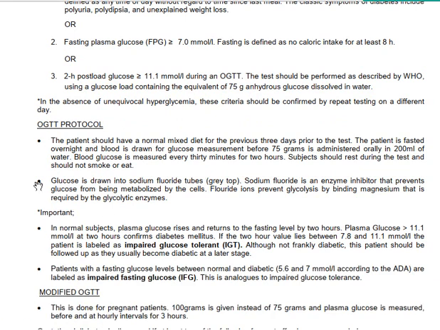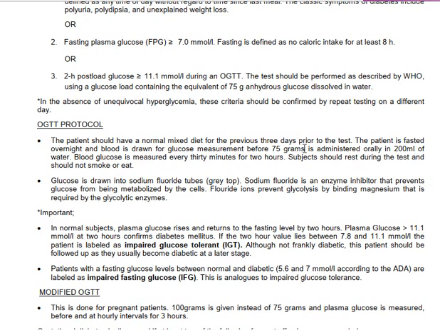Now this is the oral glucose tolerance test protocol. The patient should have a normal mixed diet for the previous 3 days prior to the test. Then the patient is fasted overnight, with glucose measured before the 75 grams is given.